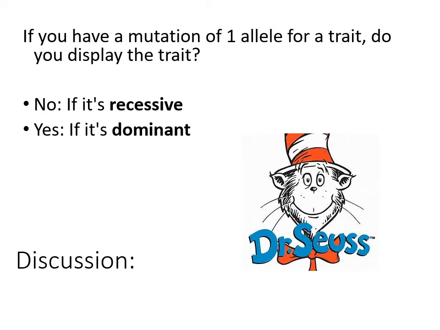You don't get the disease. If the trait is dominant, so autosomal dominant, for example, then yes, you'll express the disease. You will have the disease because it just took one allele to acquire the disease state. Okay.